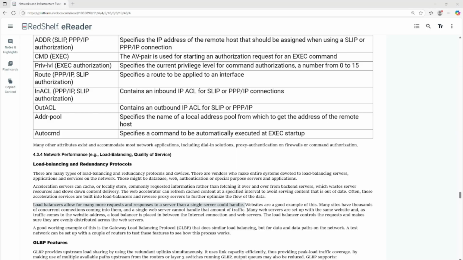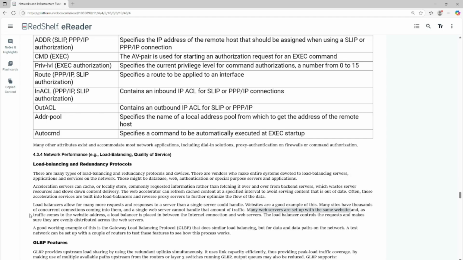And this is what happens. Many web servers are set up with the same website.